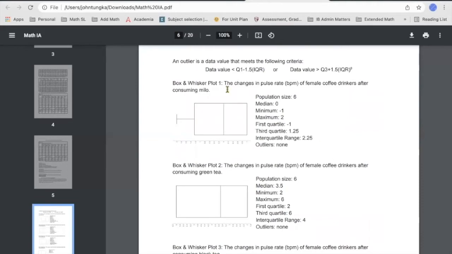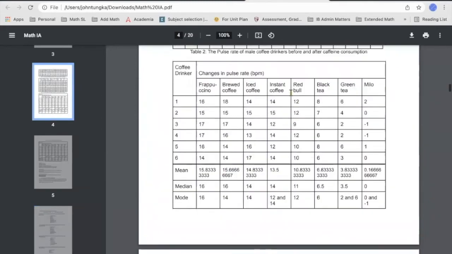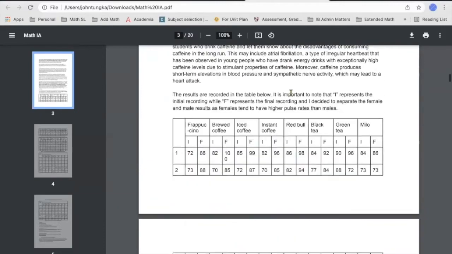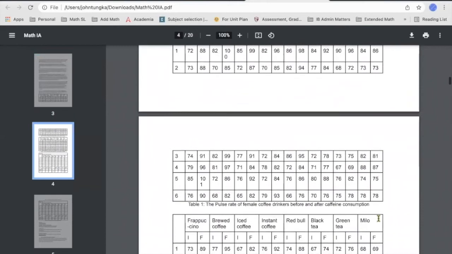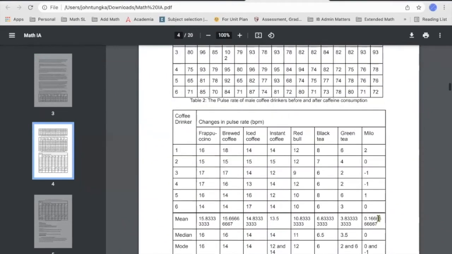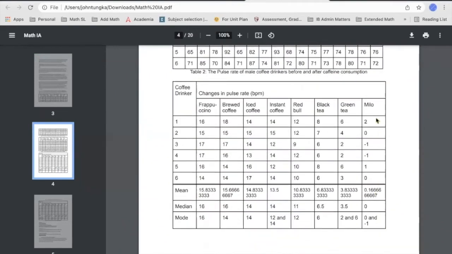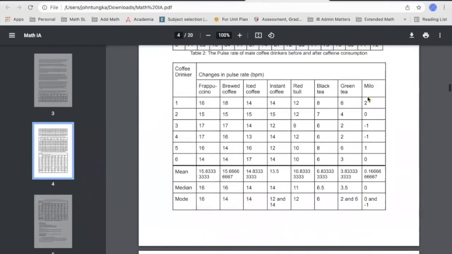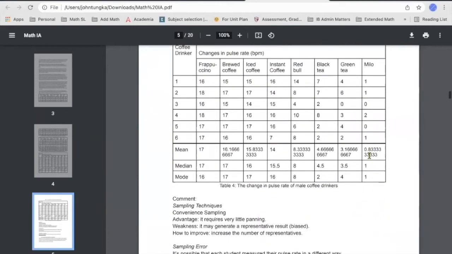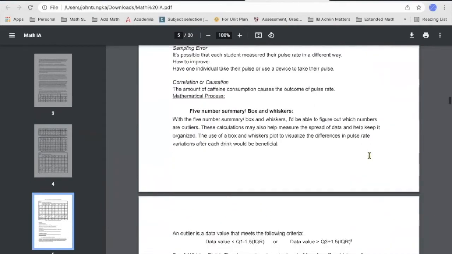Okay, let's take a look at this one first. Box and whisker plot 1. The changes in pulse rate for female coffee drinkers after drinking Milo. So this means table 1. So you get the data from this table 1, and then you look at the differences or changes that come from here. Yes, from 3. Then you put all of these into Excel or TI?